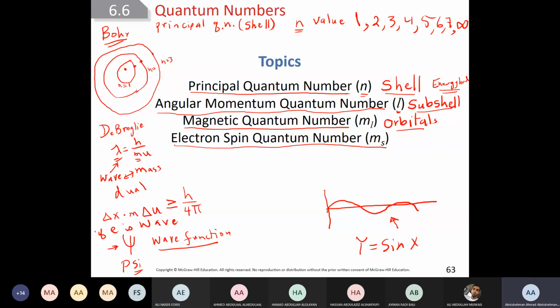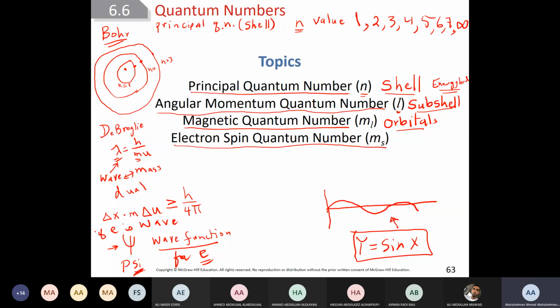This is called the wave function for this wave. What's psi? The wave function for what? For the electron. Exactly. Is this clear? Very important.